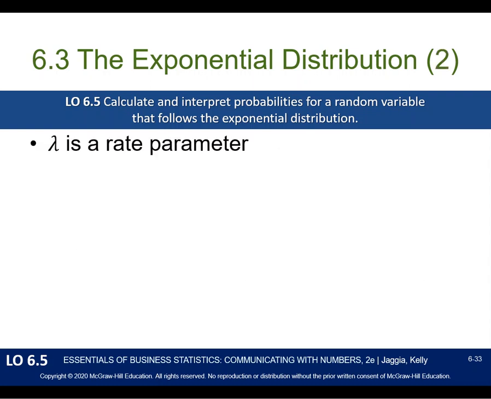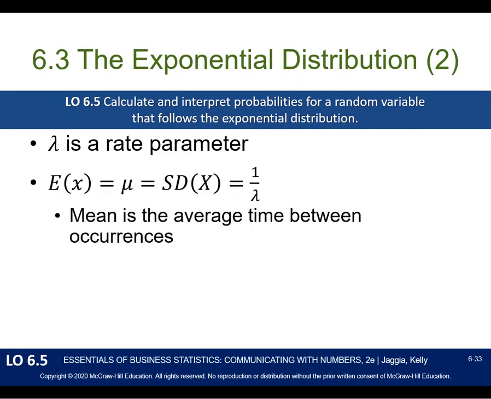All right, so we're going to use the Greek letter lambda as our rate parameter. So lambda is going to tell us the average time that passes between occurrences. Remember, our expected value, or our mu, our mean, in the exponential distribution is going to be equal to the standard deviation, which is equal to 1 divided by lambda.